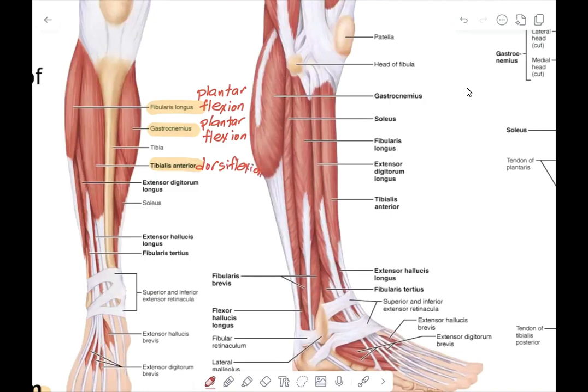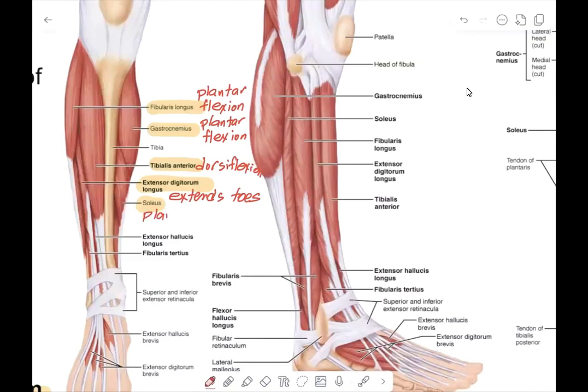The extensor digitorum longus is going to be responsible for extension of the toes. Just like the extensor digitorum longus in the upper limb is going to be responsible for extension of the digits. The soleus muscle is deep to the gastrocnemius muscle.